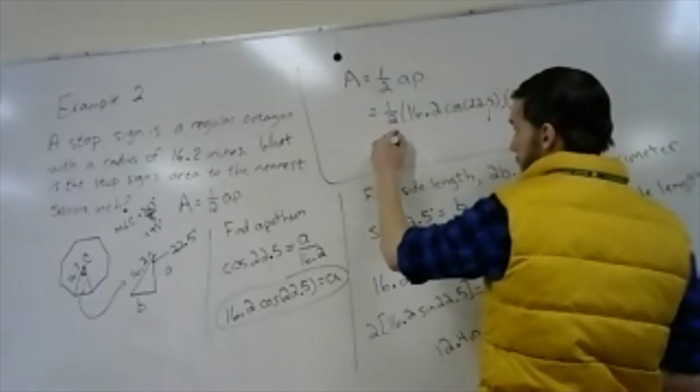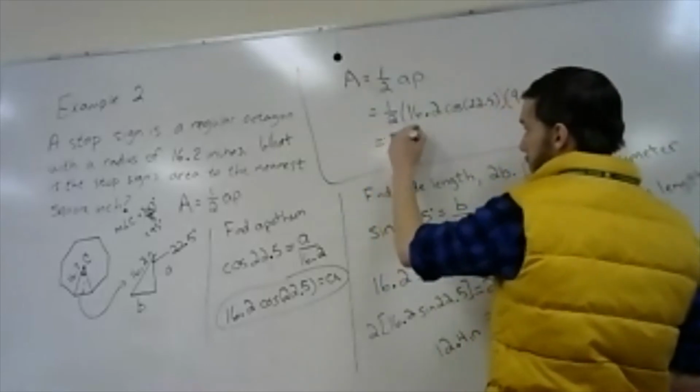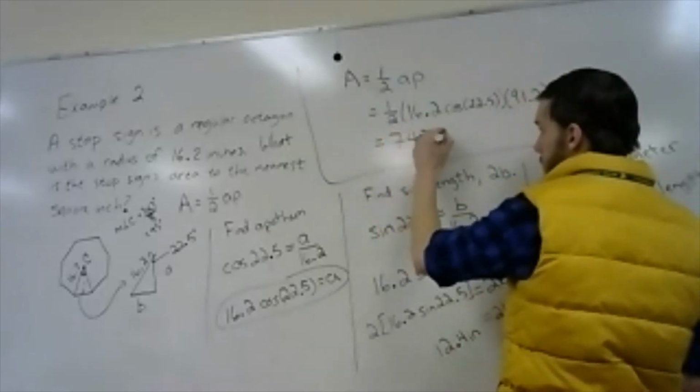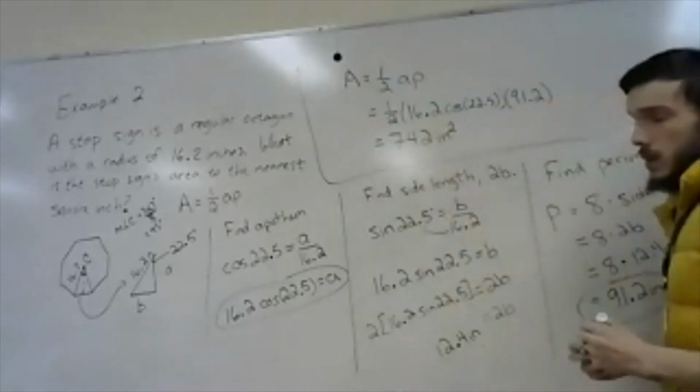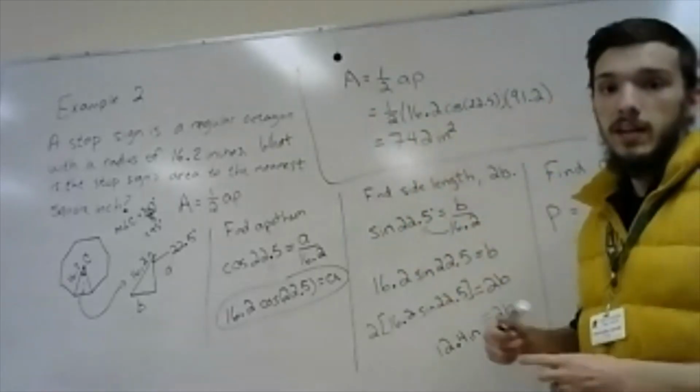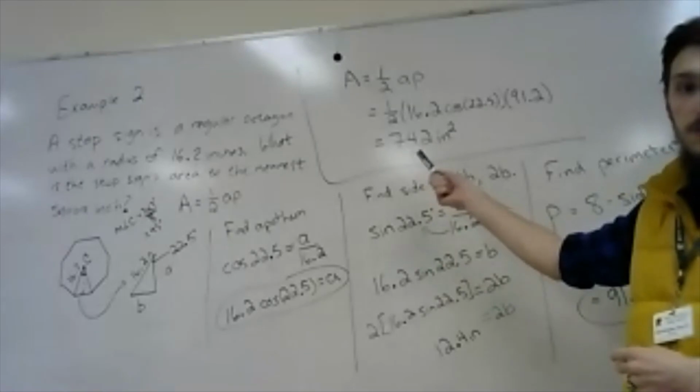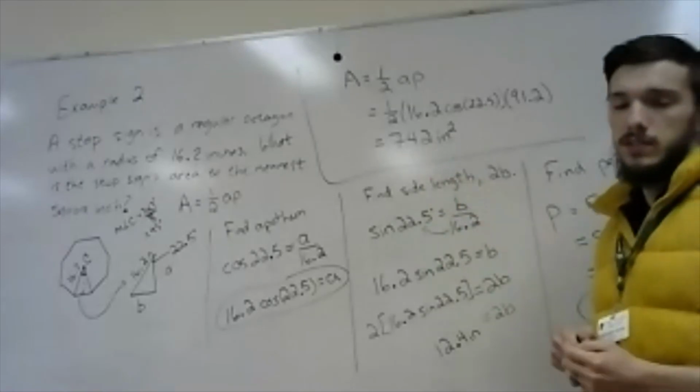And when we multiply that out and round to the nearest square inch, we get that the area is 742 square inches.